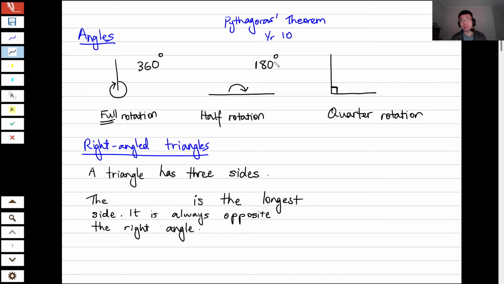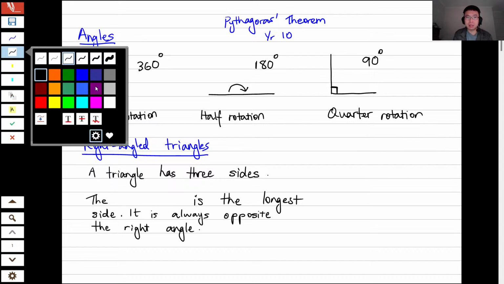Now, we can go further. If I only did a quarter rotation, this would be like facing the front and then facing to the right, or to the left, it doesn't matter. If I divide 360 by 4, I get 90.